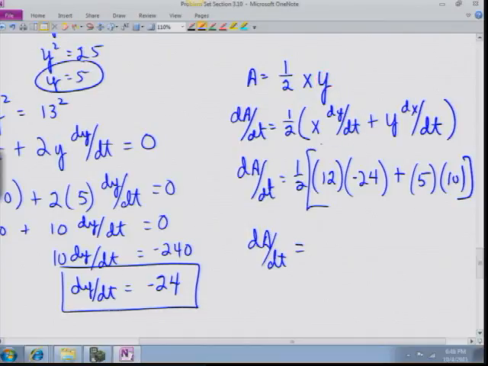Why did the 1/2 go everywhere and everything get rid of it? Well, we can get rid of it. It's going to get multiplied by all this. But why wasn't that included in the derivative? Well, because you've got a product. You've got a number times the product. You could say that's 1/2 x times y, and you could do it that way. It'll still be incorporated because it's going to just be multiplied.